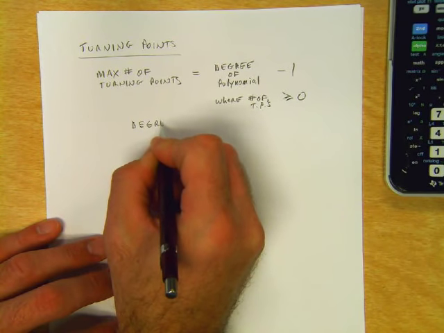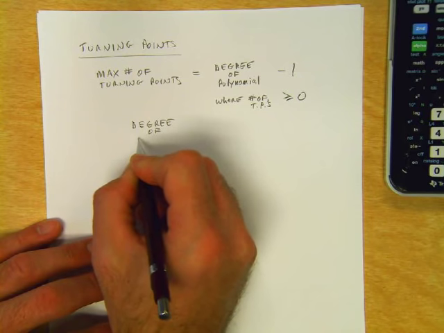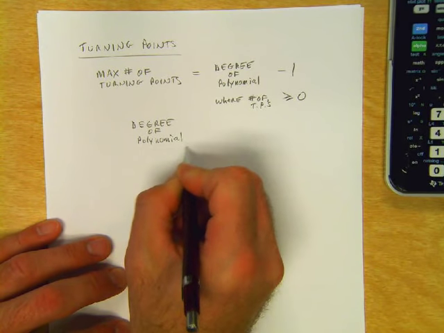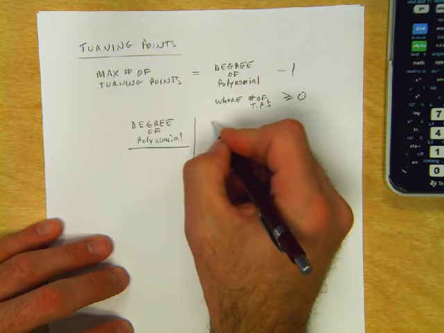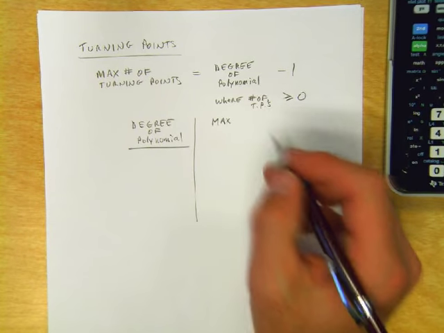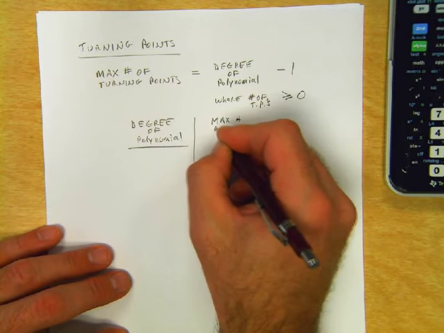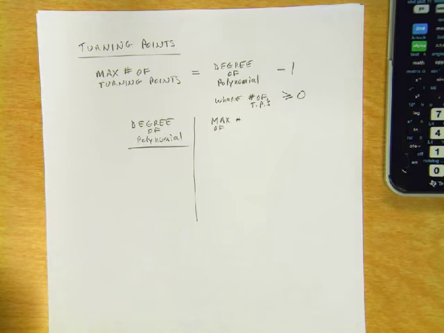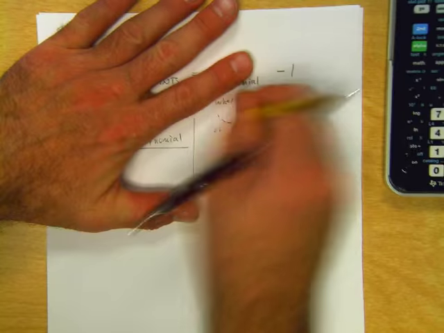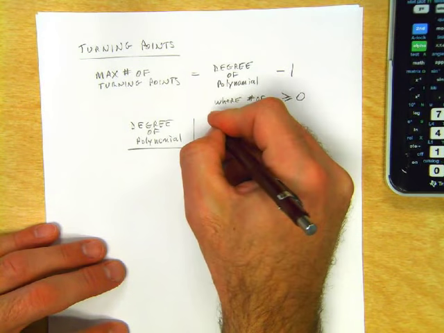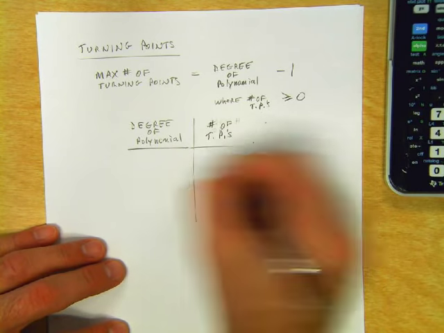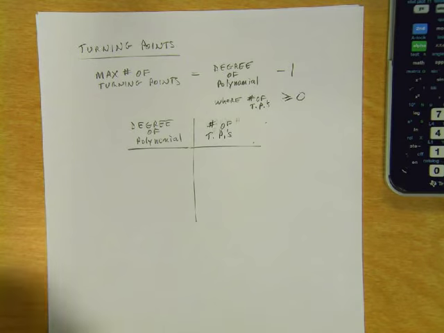We're going to make a table. Actually, I'm going to change this. We're just going to call this the number of turning points.